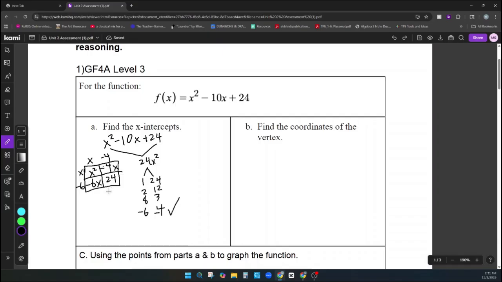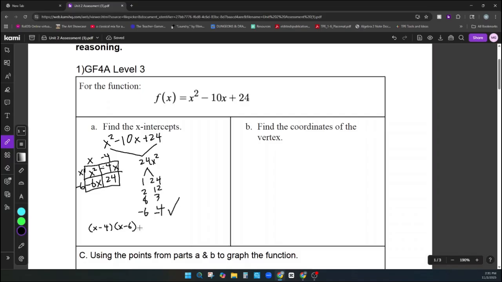As previously discussed, it does. Meaning my factored form is x minus 4 times x minus 6. I'm just taking my information from my box here and I'm taking my outside terms and putting them inside parentheses, rewriting this as an expression.